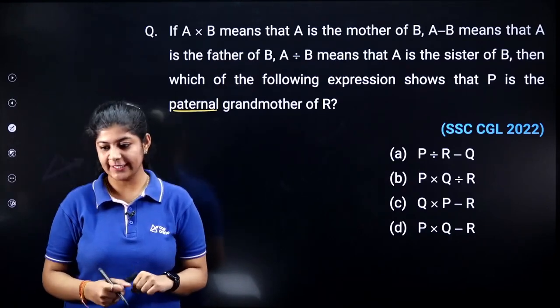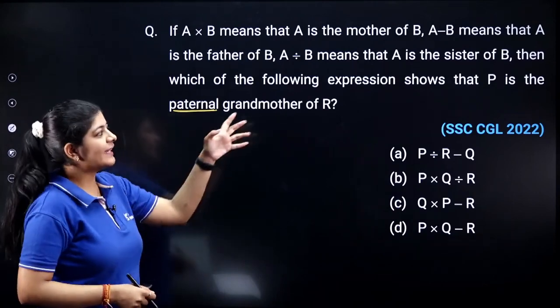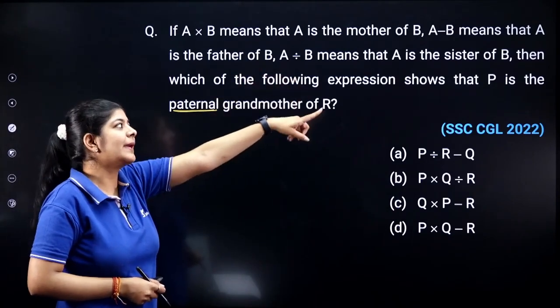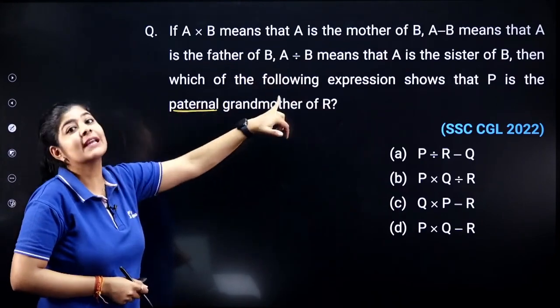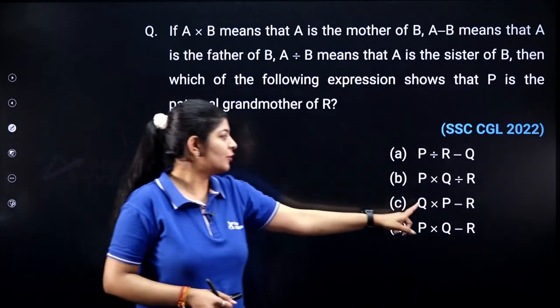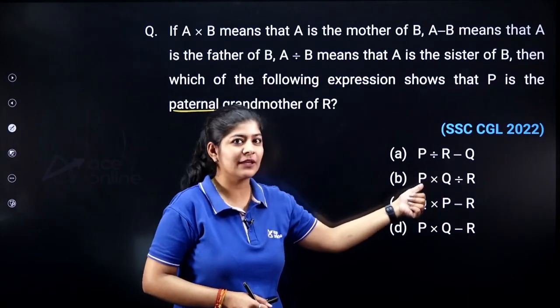Okay, so basically we are getting different answers. One more thing, just read the question carefully. We need to determine P is the parental grandmother. That means there is a generation gap of 2. Do we have that in these particular options?